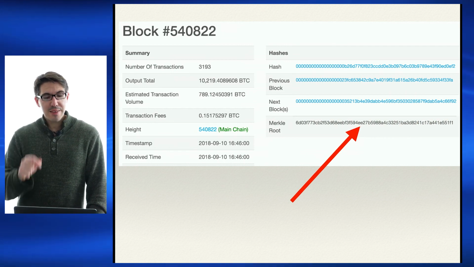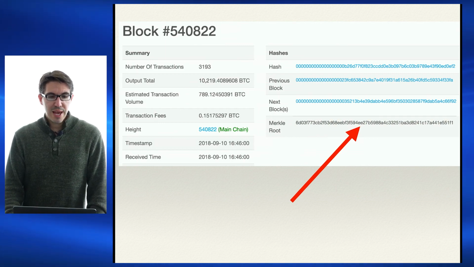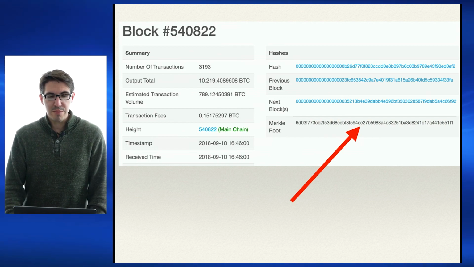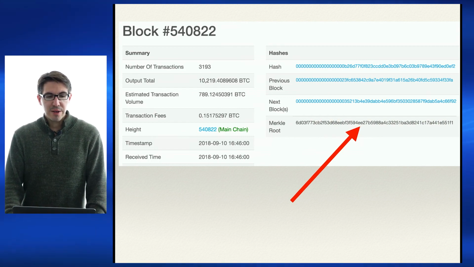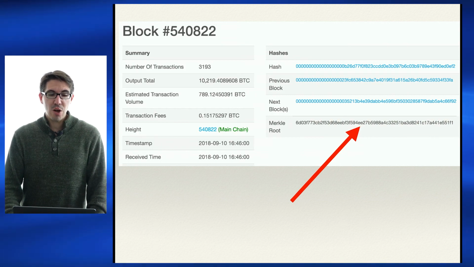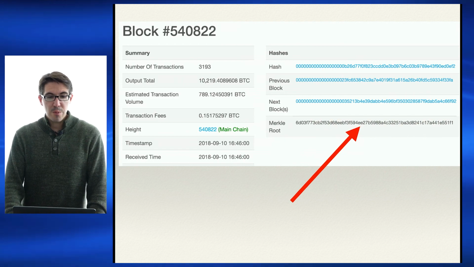Here we can see that there were 3,193 transactions included, moving approximately, and this is estimated, and we'll talk about why it's estimated a little bit later, 789 Bitcoin from one address to another. The transaction fees, that is how much it costs for all these transactions to take place, were 15/100ths of a Bitcoin.